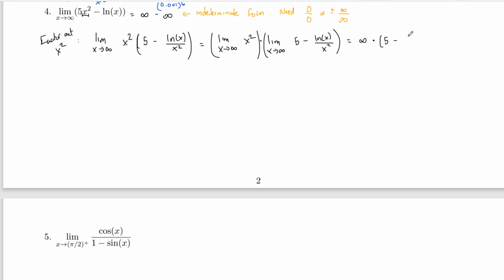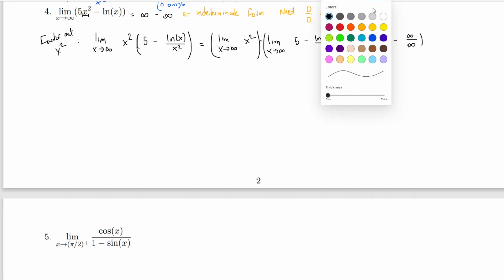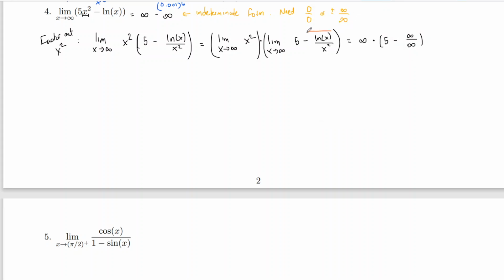Well, in this fraction here, we get infinity on the top and infinity on the bottom. So what's happening here? The laws of limits say that we don't have to redo the entire limit at all. We just need to focus on this part. The part that gave us infinity over infinity was this, and we need to do L'Hopital's rule on this part.